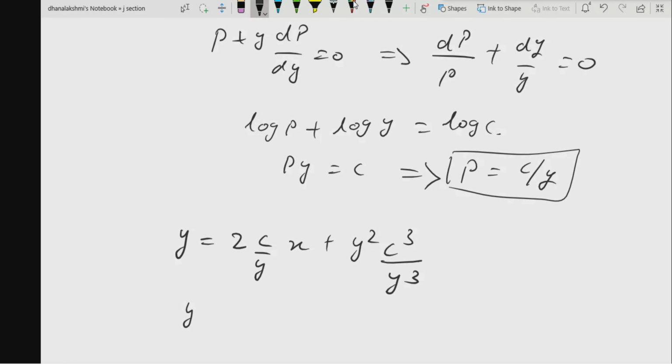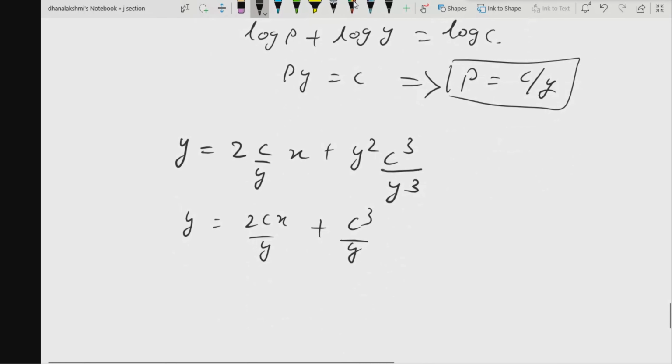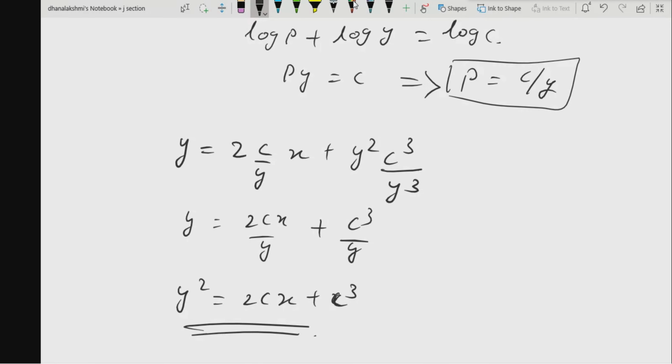So this is Y is equal to 2cx by Y plus C cube by Y. So overall this will be Y square is equal to 2cx plus C cube. That would be your required solution. Hope this is clear to you.